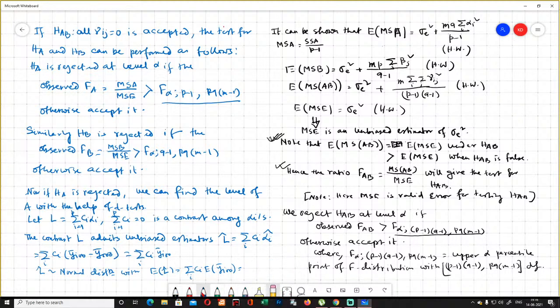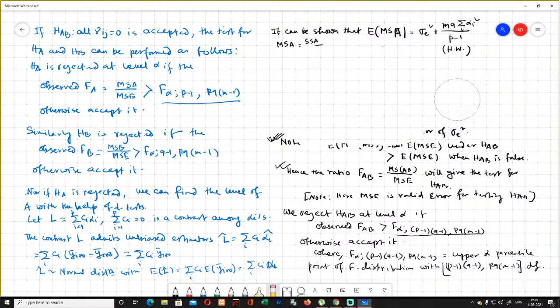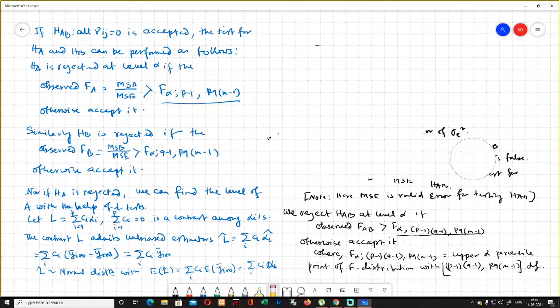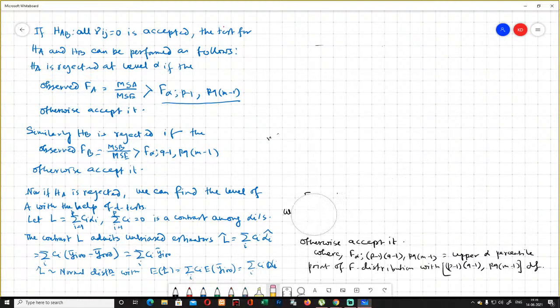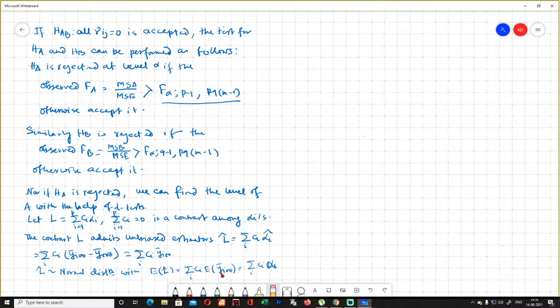For timing I write this as the sum over i of c_i capital alpha_i. And the variance of L hat is equal to the sum over i of c_i squared sigma_E squared.